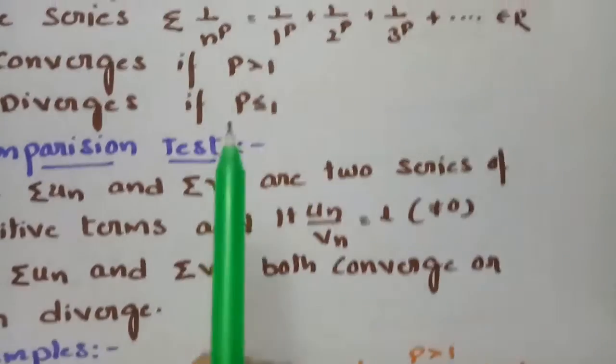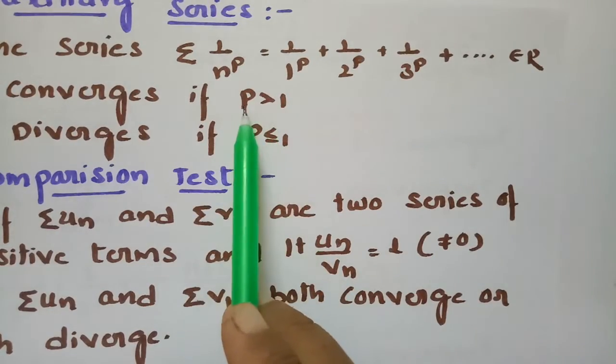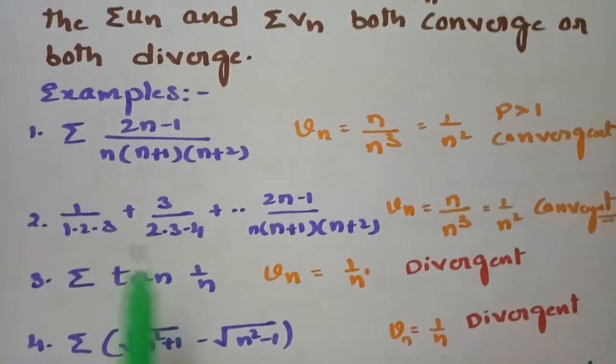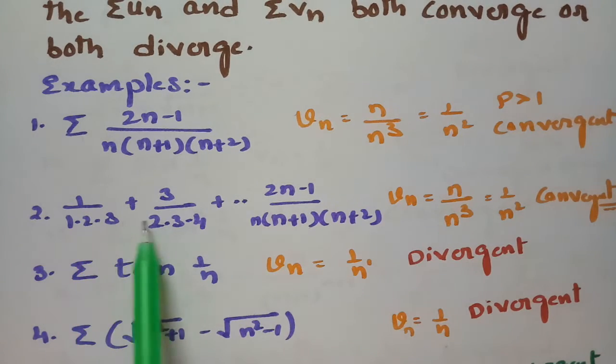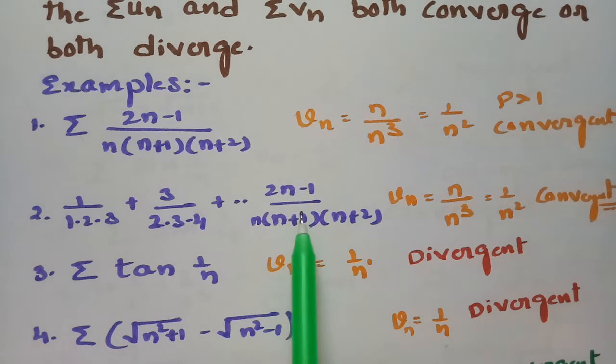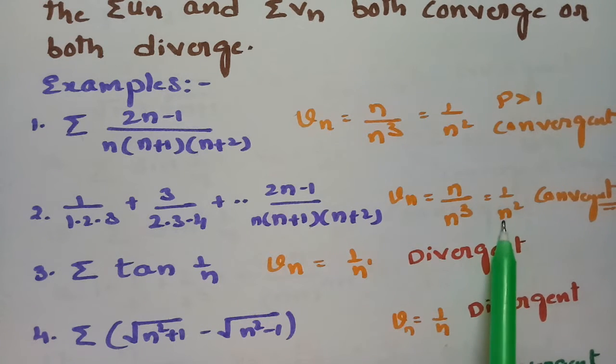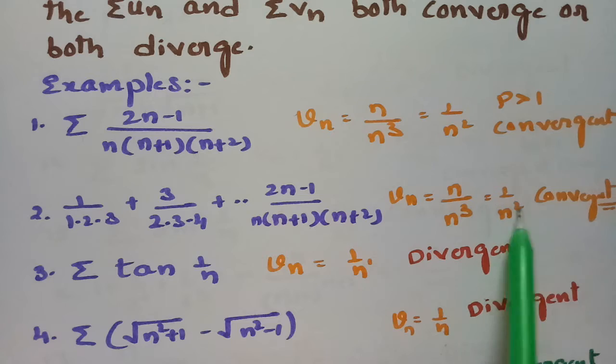Here p is 2, which is greater than 1, therefore according to the auxiliary series it is convergent. Similarly, 1 by 1 into 2 into 3 is the nth term here. There is a single n and there are 3 n's, so 1 by n square, which is greater than 1. Convergent.